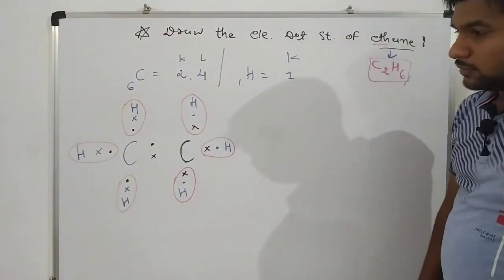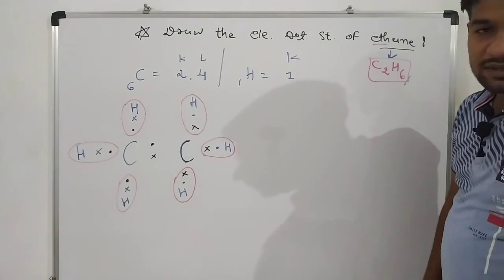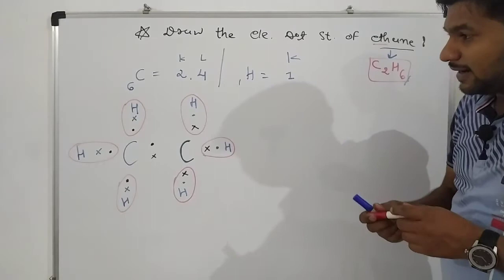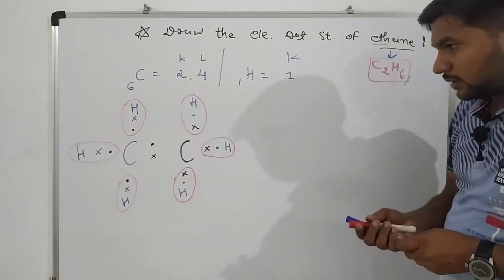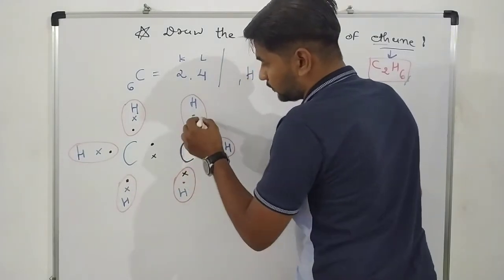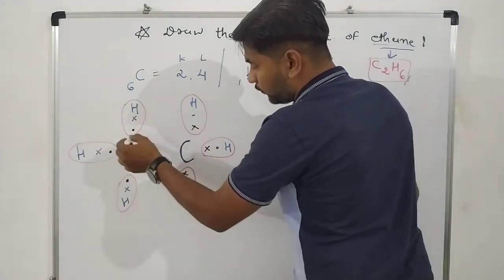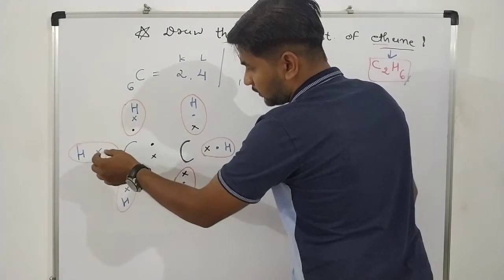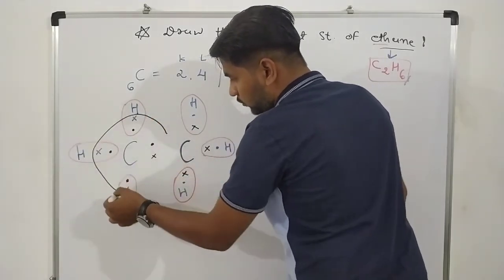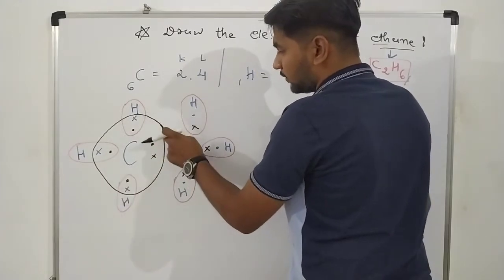So now let's see whether the carbon can complete its octet or not. Here you can see 2, 4, 6, 8. This carbon has 2, 4, 6, 8.